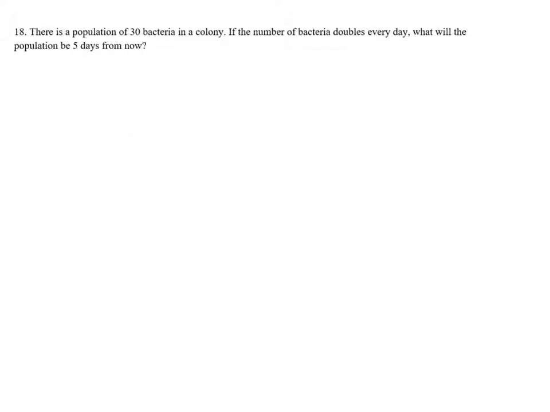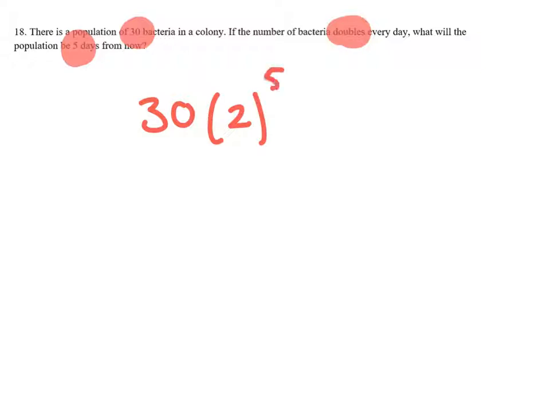What happens here is a lot of students use the same compound interest formula, but this is just exponential growth and decay, and it works as follows. There are 30 items to begin with, 30 bacteria in the culture colony. It's doubling every day for 5 total days.